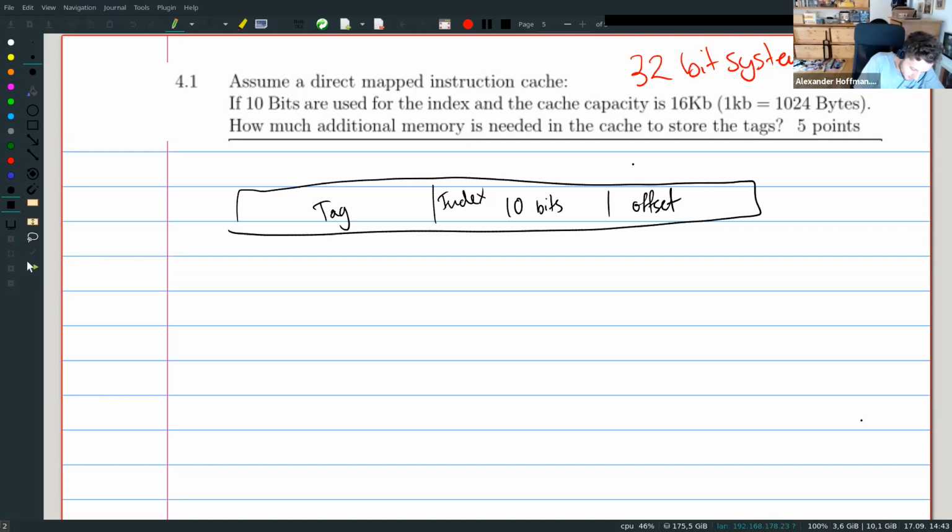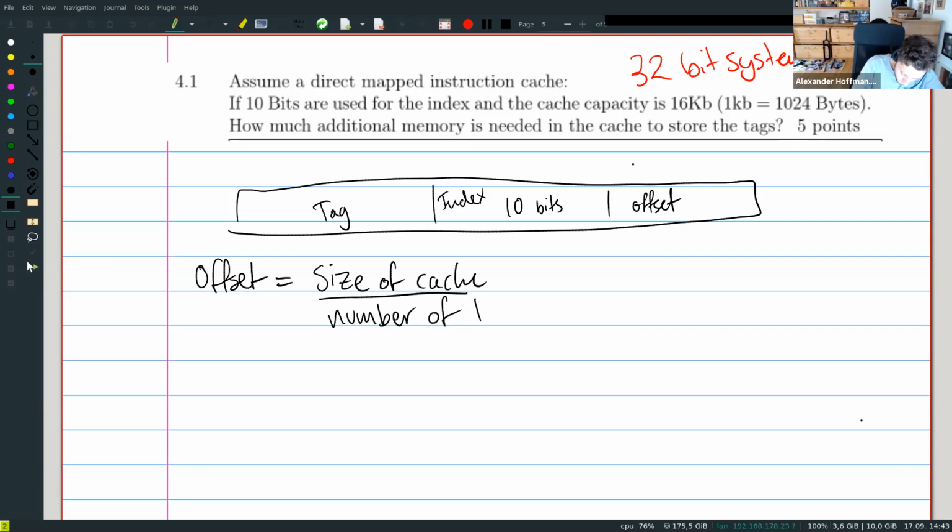So let's think about the offset equals the size of cache divided by number of lines. So we need to get those two unknowns.